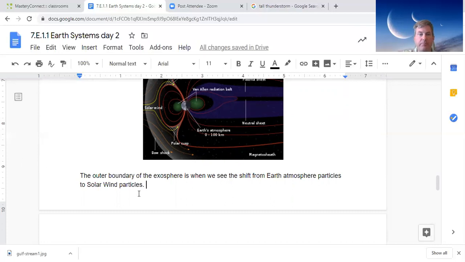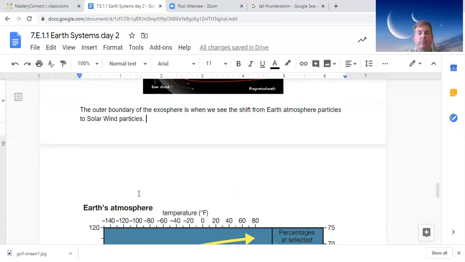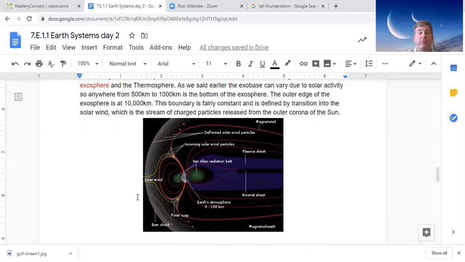Easiest way to put that. So, exosphere, and effectively, again, stuff's orbiting the Earth at lower levels than this. So technically, that's the science, we call that space, but it's Earth space, not solar space.